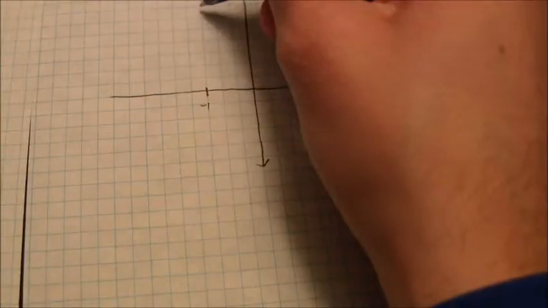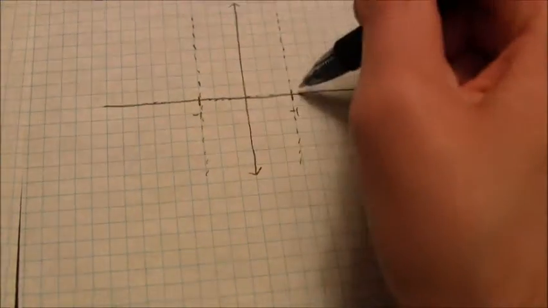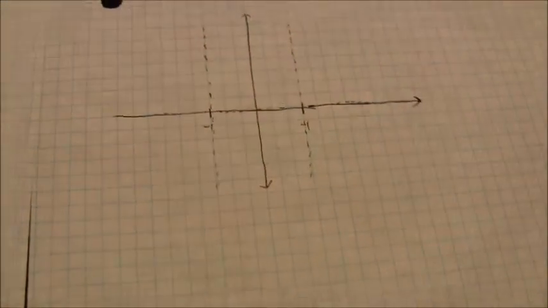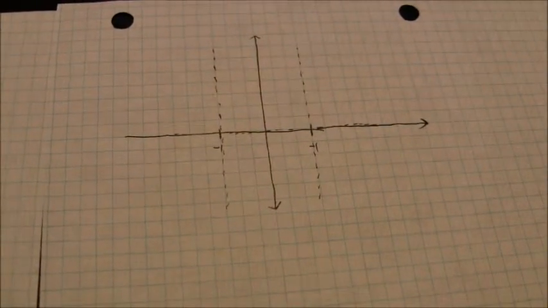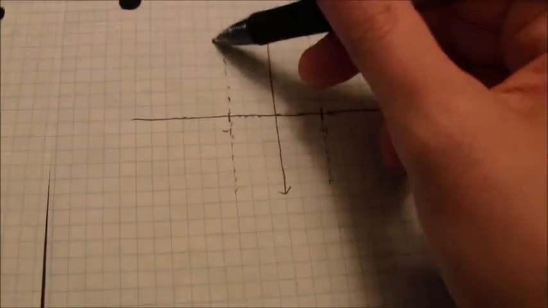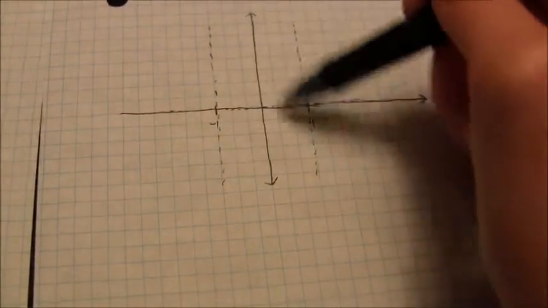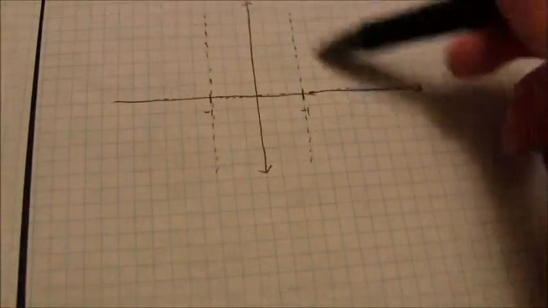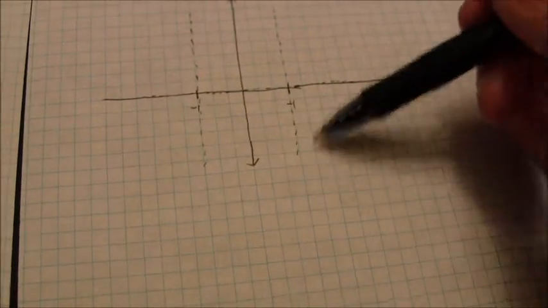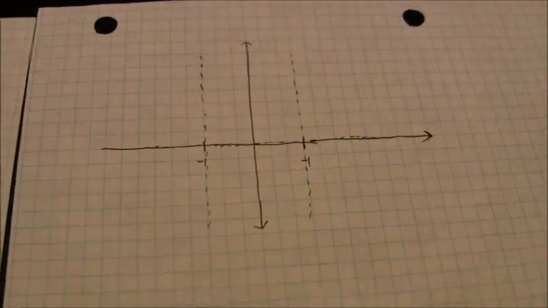I'm going to plot that, and here is another vertical asymptote, and then my horizontal asymptote is going across here. Wouldn't be a horrible idea to do that in another color, but anyway, there are my asymptotes. So I'm going to have graphs maybe going like here or here, or cutting through like this, something like that.